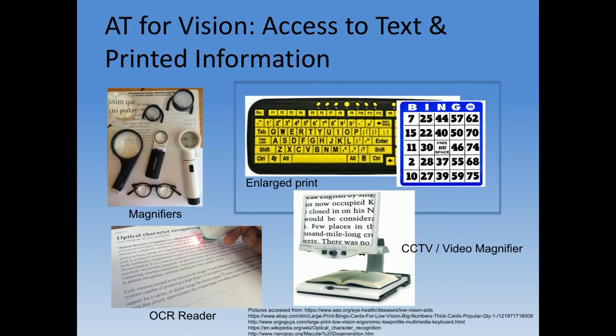And then you may have what's called optical character recognition devices. A device that's really been popular now is an optical character pen, where you can just slide the pen onto a book and it'll read out what's there. You may also use a CCTV or a video magnifier, where you can slide a book or any hard copy material, and there's a camera projecting that, and again, it can magnify to the level you want on a screen.